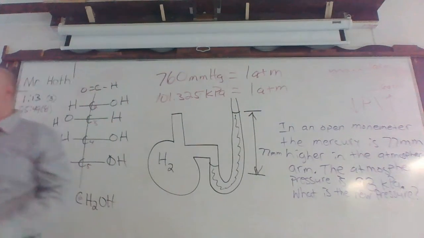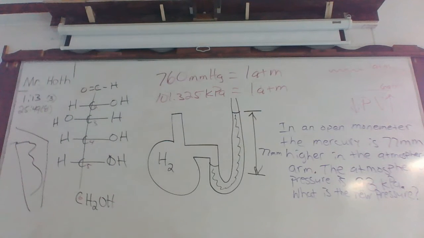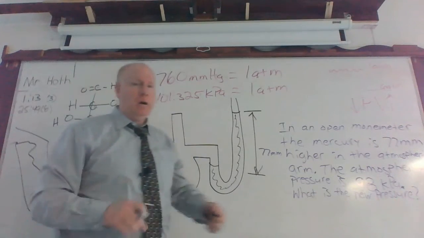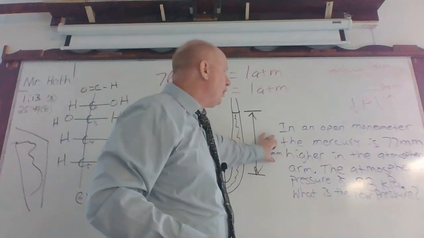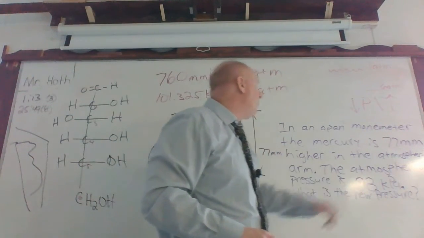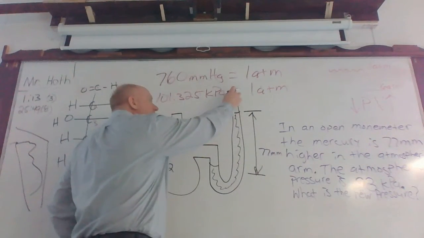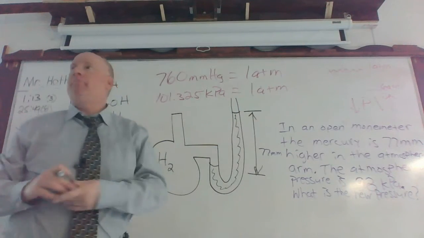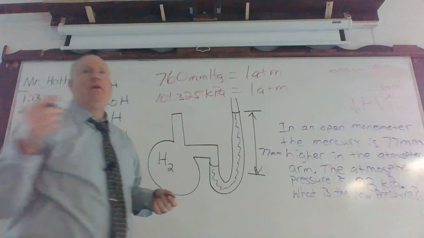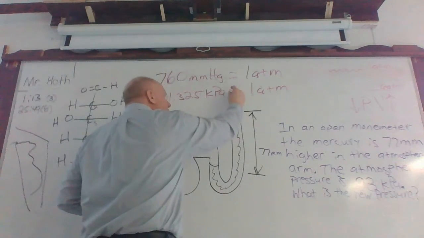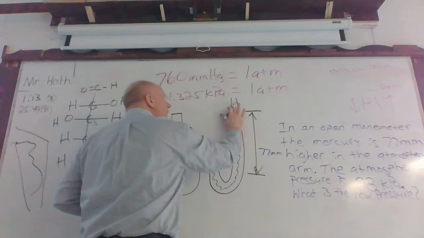Here we've got two different measurements. We have kilopascals and we've got millimeters of mercury, but they have to be in the same unit. So what we have to do is convert this millimeters of mercury into kilopascals, because since this is open to the atmosphere, as barometric pressure changes, if the pressure is going down, there's going to be less pressure pushing down on this, so this is going to be moving up.